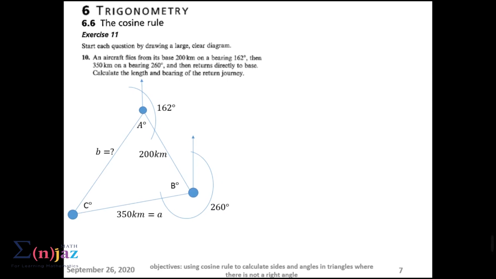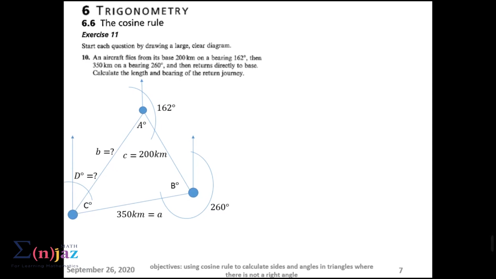This is angle C, and the opposite side to it is the 200 kilometers, so this is c small. And we must draw the north from our third destination here, and this is angle D, which is unknown, and that is the bearing of the return journey.